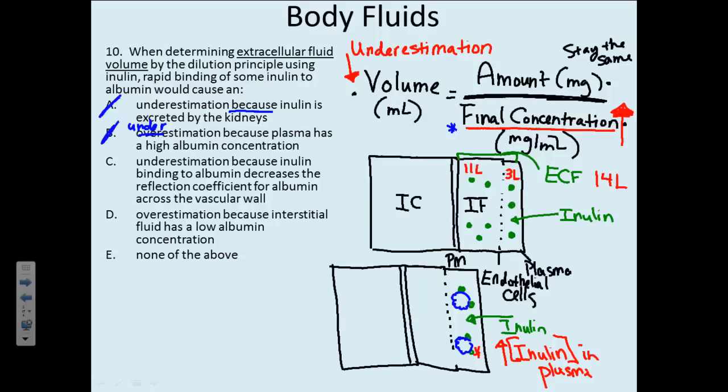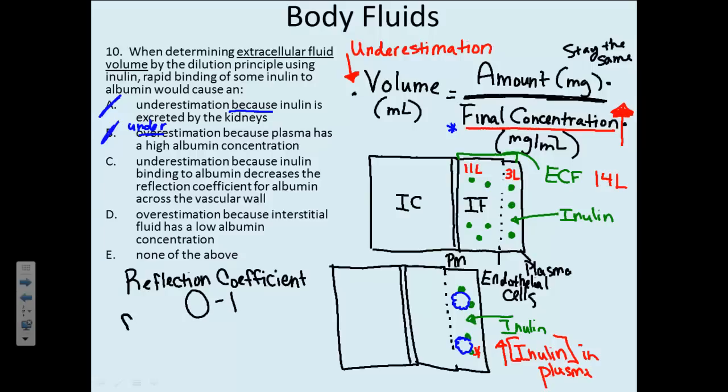All right, now for response C, that says underestimation, so that part's right, because inulin binding to albumin decreases the reflection coefficient for albumin across the vascular wall. Okay, so in order to understand whether that one would be correct or not, we have to think about our reflection coefficient. And the reflection coefficient is a number that ranges from 0 to 1.